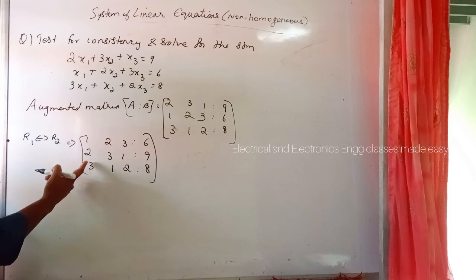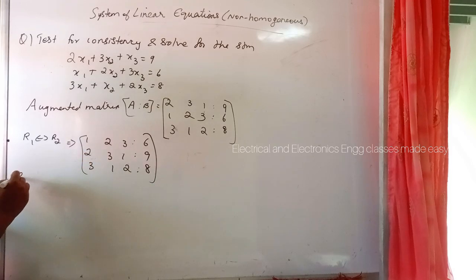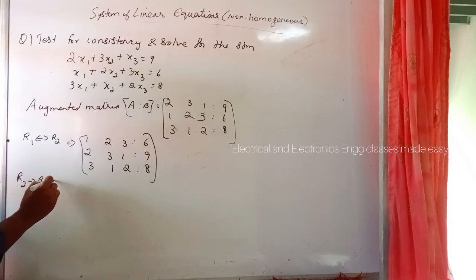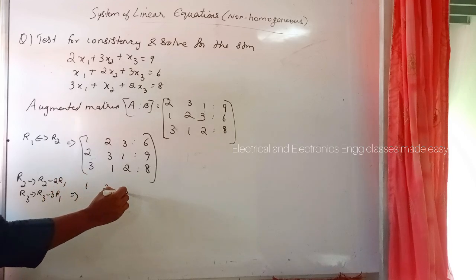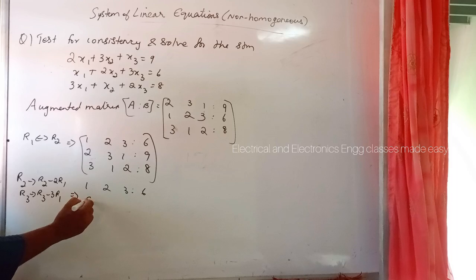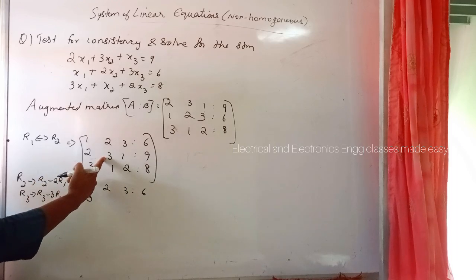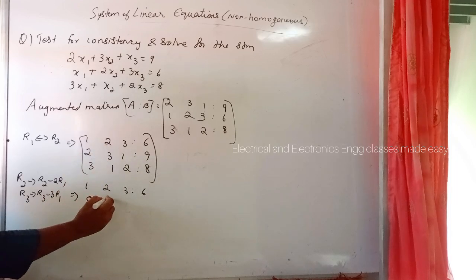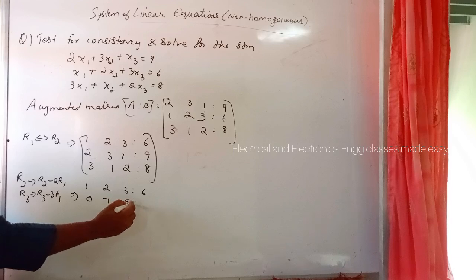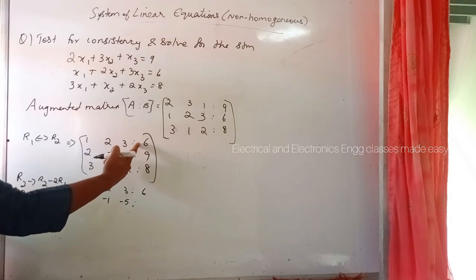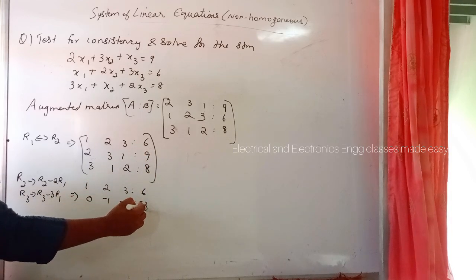Now here we can make these two elements 0. That is, R2 becomes R2 minus 2 times R1, and R3 becomes R3 minus 3 times R1. So here we will get 1, 2, 3, 6. Then 0, and R2 minus 2 times R1 gives 3 minus 4, that is minus 1, then 1 minus 6, that is minus 5, then 9 minus 12, that is minus 3.